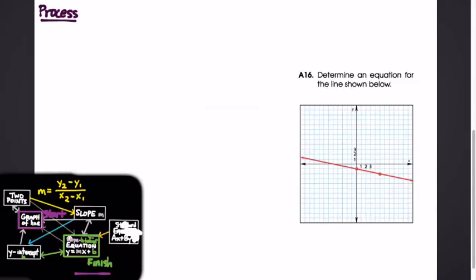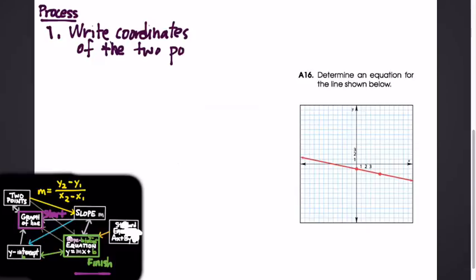Listed the points that were already plotted. Yeah. So the graph has kind of helpfully labeled 2 points that are on this graph. So let's write out the coordinates of those 2 points. And what that's done for us is it's taken us out of graph land and into 2 points land, right?